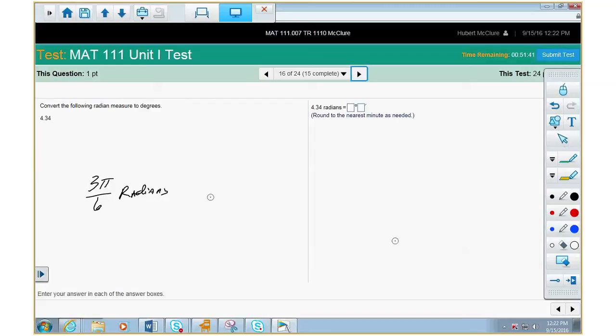Then if I've got radians, that means what's inside is 4.34 pi. So take 4.34 and divide by pi to get my original. So somebody tell me what 4.34 divided by pi is. What you said it was? 1.38 what? Pi.